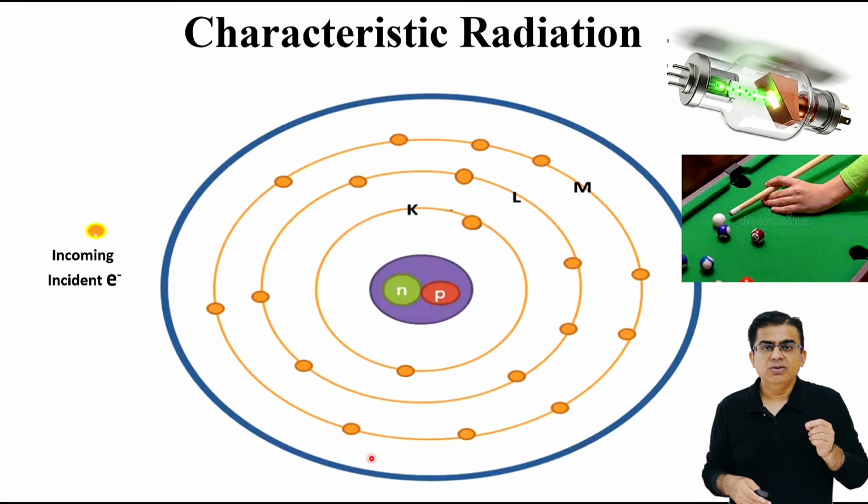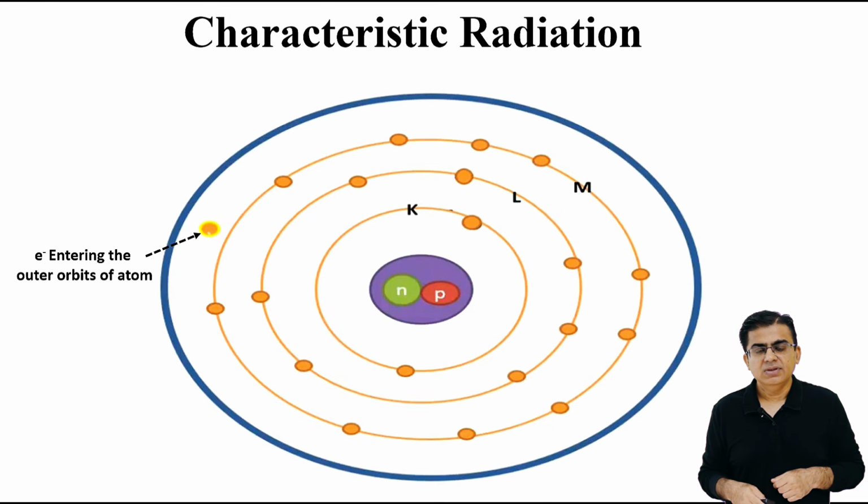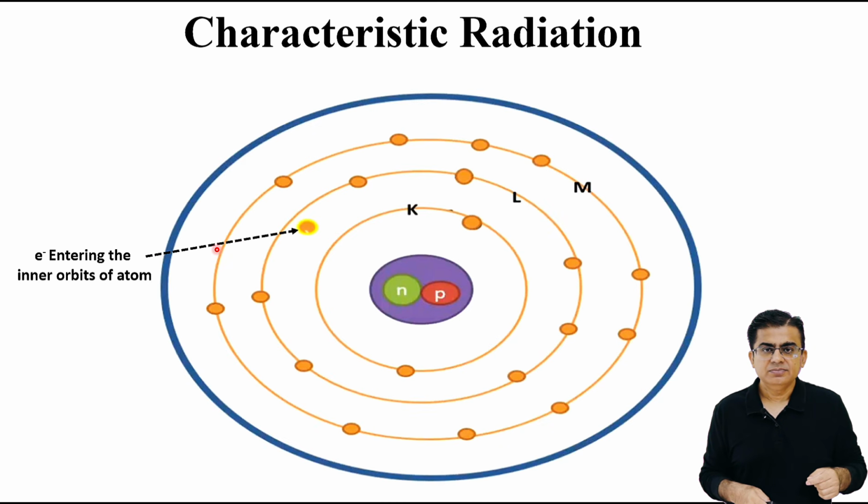Let us see exactly what happens as this powerful electron enters the atom. This is the exact path of this powerful incoming electron. The electron is entering the atom. Watch very carefully as it easily penetrates the outer electron shells of the target atom.